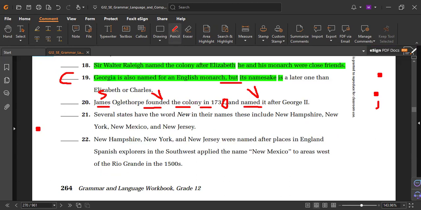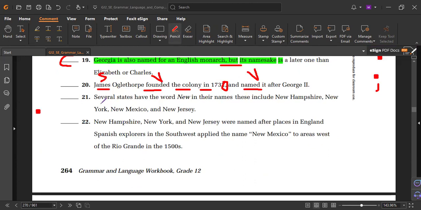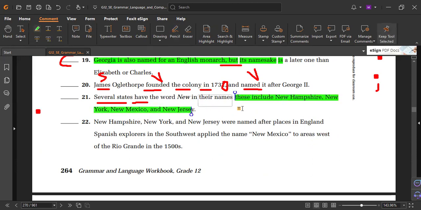Number 21. Let's find any mistake. Several states, subject, have the word New in their names. These include New Hampshire, New York, New Mexico, New Jersey. But that means the writer starts a new clause from this part.